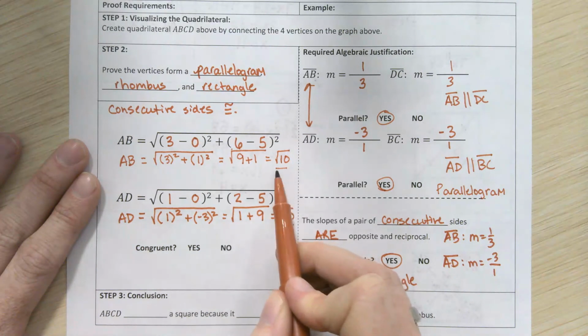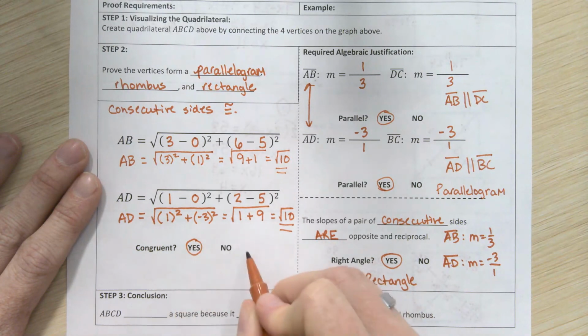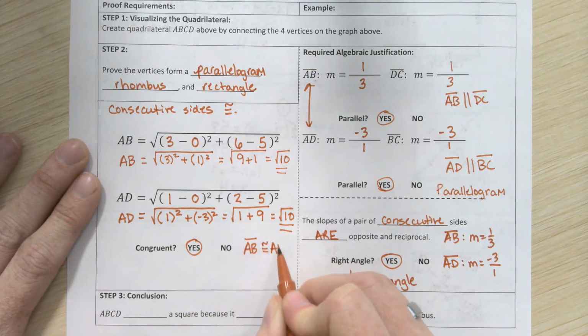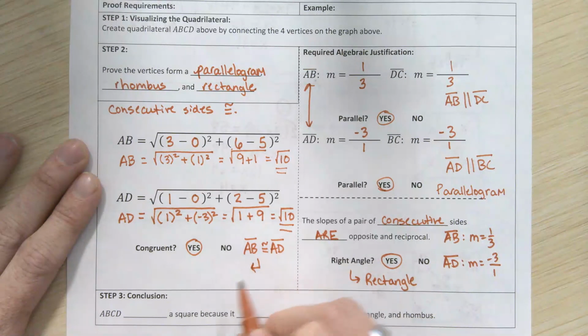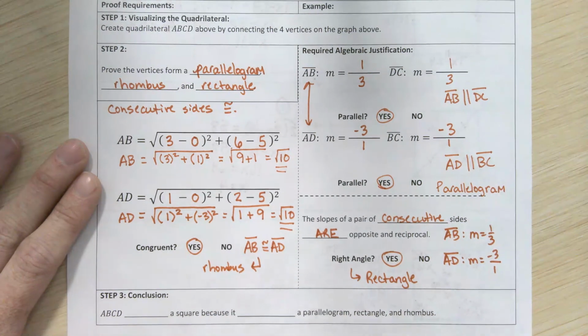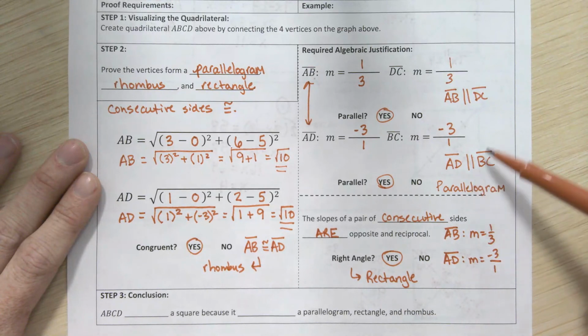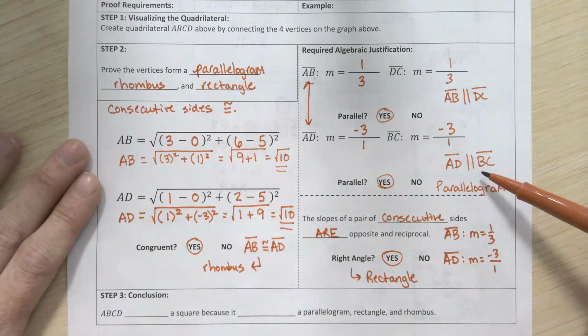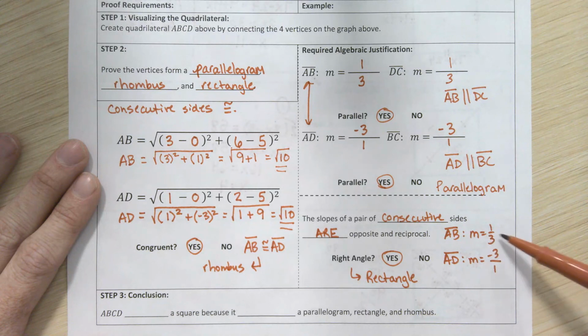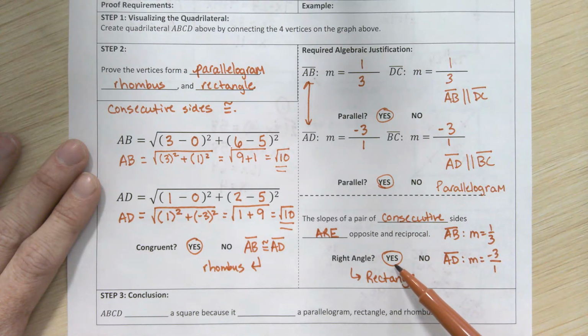Because these match, we know that side AB is congruent to side AD, which means we are now in rhombus mode. So we got a yes for parallelogram from the opposite sides being parallel. We got a yes for rectangle from consecutive sides having opposite reciprocal slopes, which forced a right angle to happen.